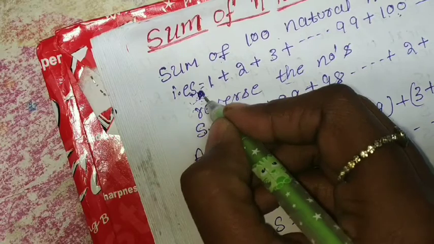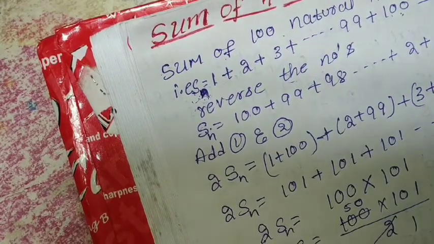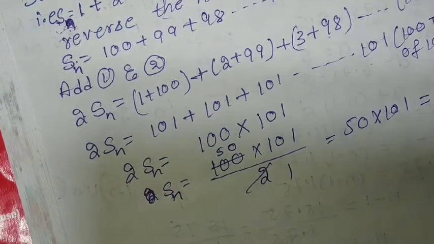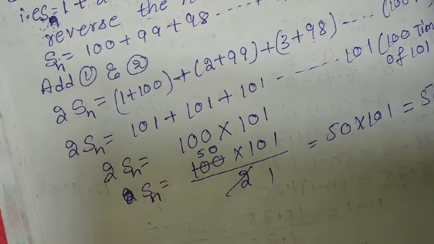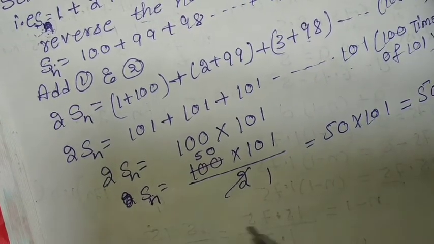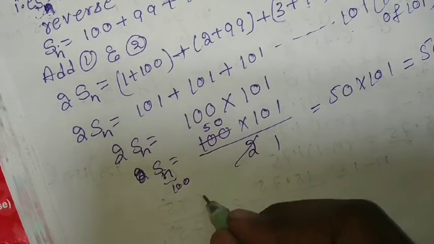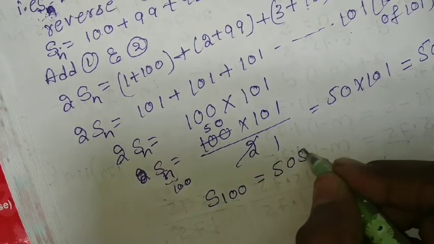You can write Sn also, guys, there is no problem, that means sum of n terms. So the sum of n terms is equal to 5050. But what is n here? n is 100, the number of terms. That is S100 is equal to 5050.